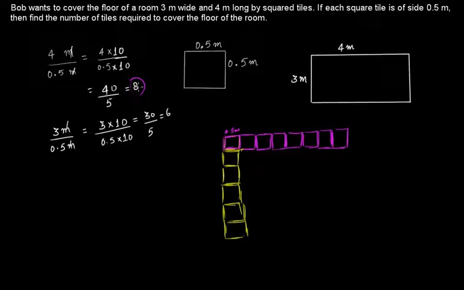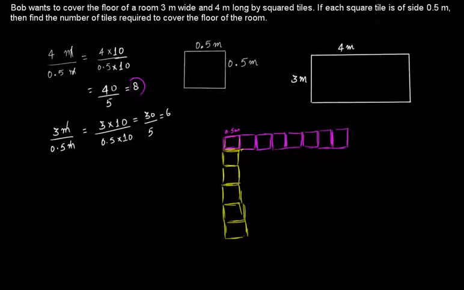This 8 is telling you that you'll have 8 tiles in a single row, and this number 6 is telling you that you will have 6 tiles in a single column.